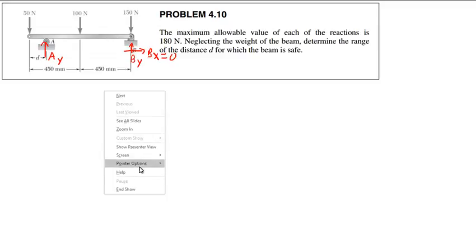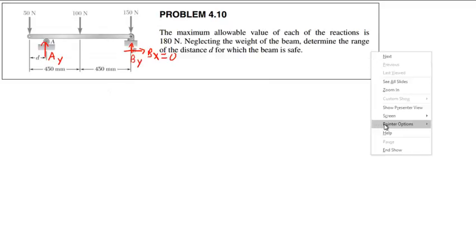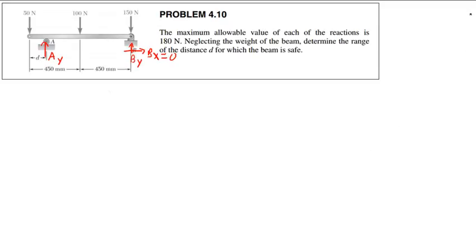If I have a pin, I put my x and y there. Yes, if I have a pin, you will have both an x force and a y force there. On a roller, you only have the y. However, you have to be very careful, because there is an exception to that, in that sometimes you can have a roller on a vertical surface.